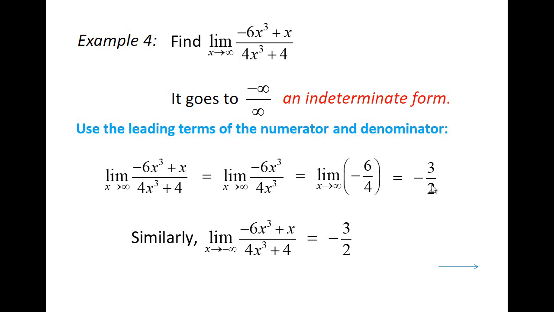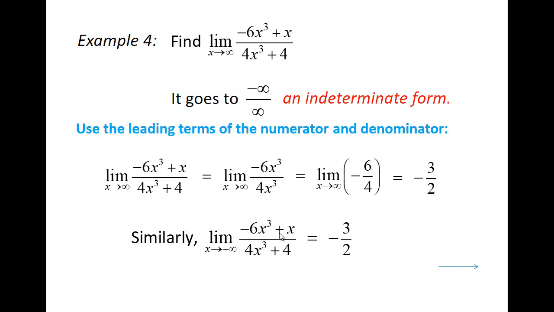So imagine that you have a horizontal line at the height negative 3/2. So the graph of this rational function then is getting closer and closer to the horizontal line at the height negative 3/2 as x goes to infinity.